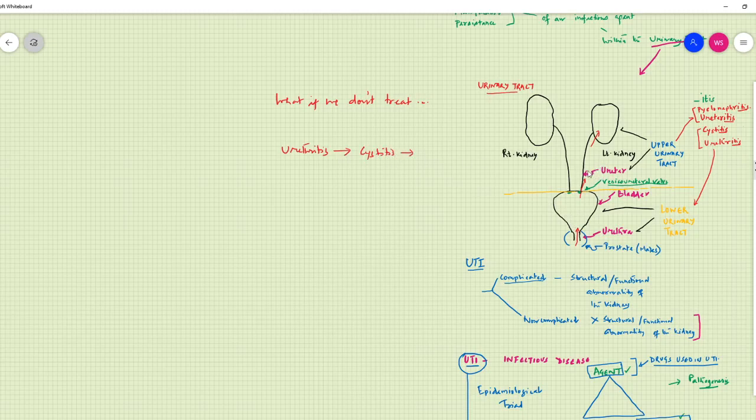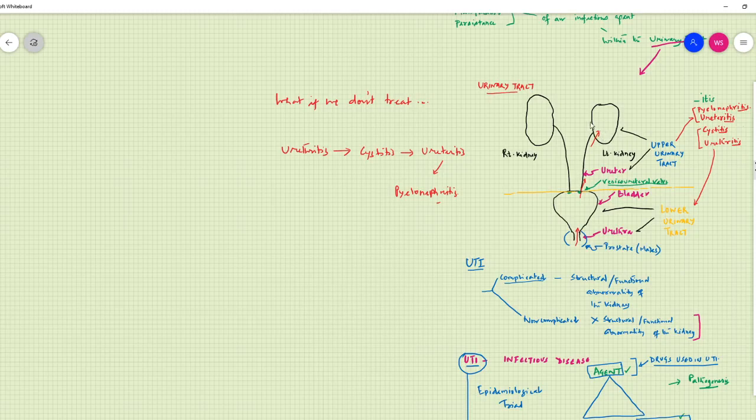Then it enters the ureter, causing ureteritis, and then it reaches the kidney and causes pyelonephritis.